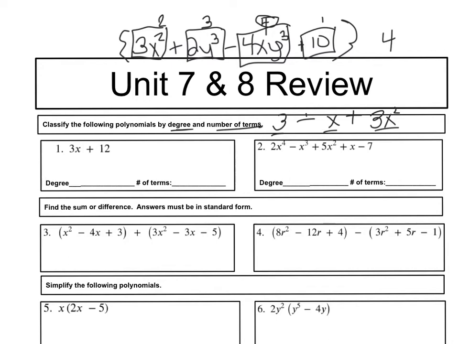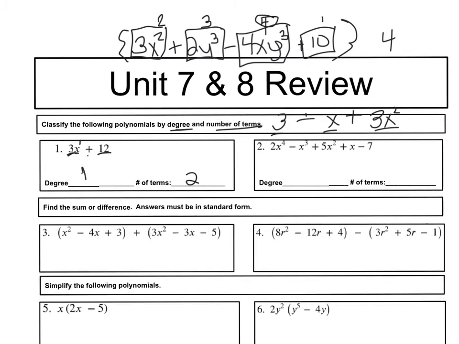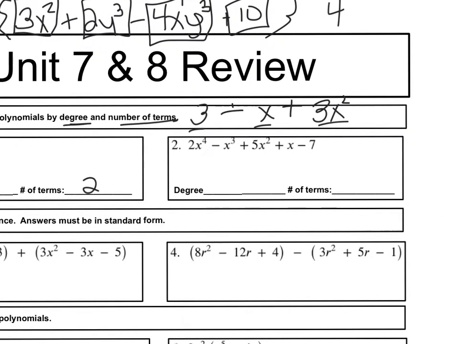Alright, so looking at number 1, it says, what's the degree? Well, it's going to be 1. And the number of terms, we got 1 here and then another, so we have 2 terms. And you notice they're separated by a plus sign. On number 2, this expression is separated by these plus and minuses.